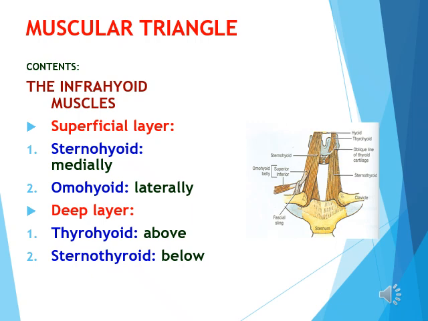It elevates the larynx during swallowing. Then next we go to the sternothyroid, which lies below the thyrohyoid, running from the sternum to the thyroid cartilage. Its action is that it depresses the larynx after swallowing.